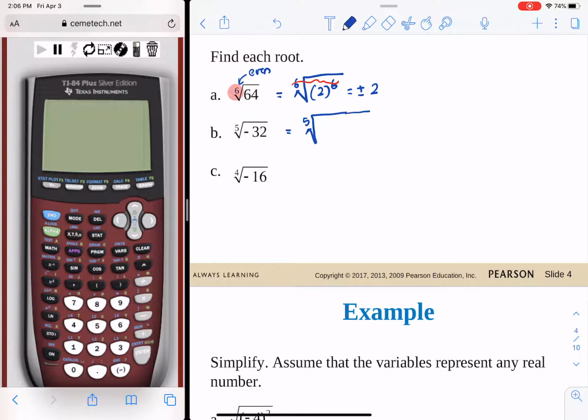So we want to write -32 in powers of 5, because the radical here is the 5th root. I could write -1 as -1 raised to 5, and 32 as 2 raised to 5.